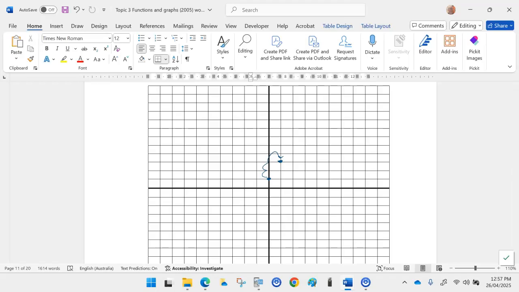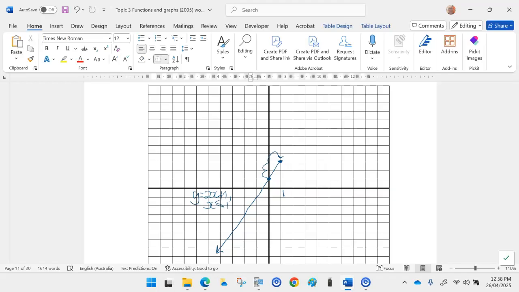But I only need to draw this part for values of x less than or equal to 1. There's x is equal to 1. So my values in this case will only need to go between that point and this point, and everything else we don't need. So there's the function y is equal to 2x plus 1 for values of x less than or equal to 1.